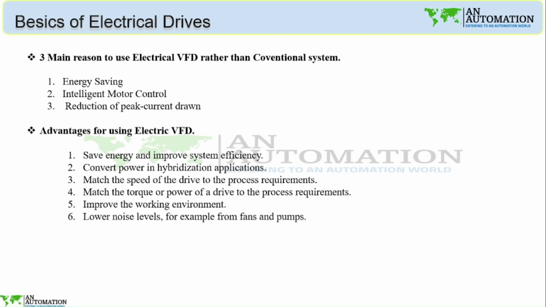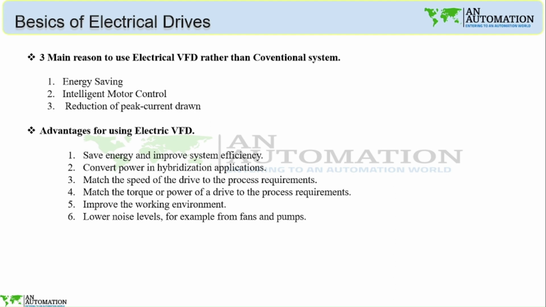Lower noise levels, for example fans and pumps. Before using the VFD, we used normal fans and pumps to start and stop with contactor logic, electrical contactors. In some cases the fans are very high rating, like ID fans and FD fans.